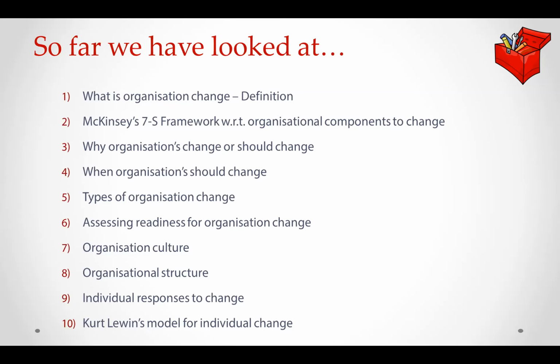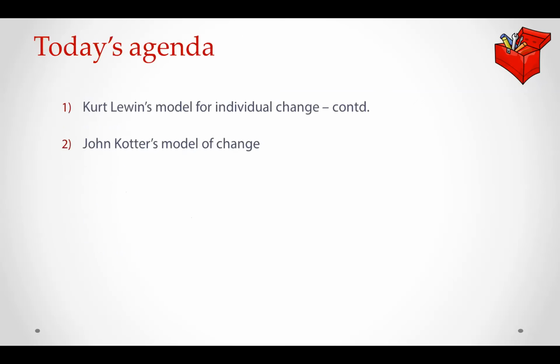So today, we'll jump straight ahead and wrap up Kurt Lewin's model for individual change, and also look at another model for organization change, which was put forward by management professor John P. Kotter.